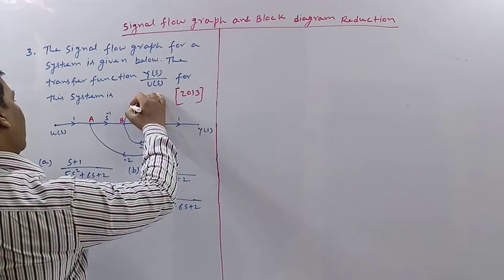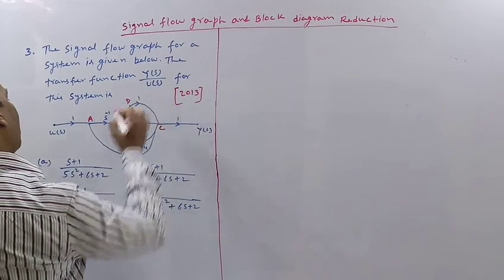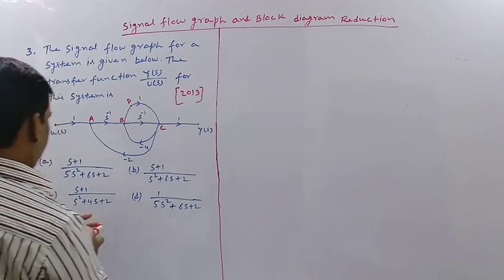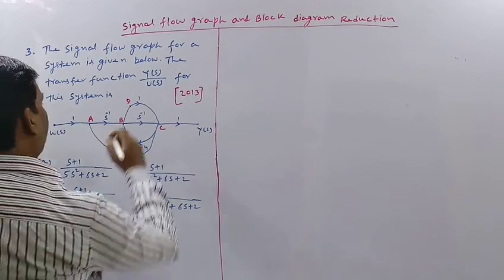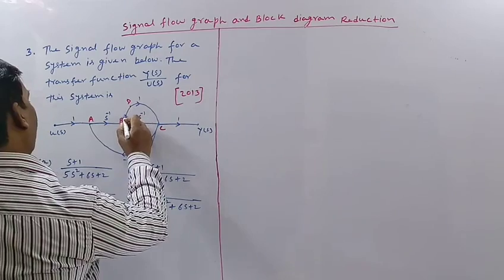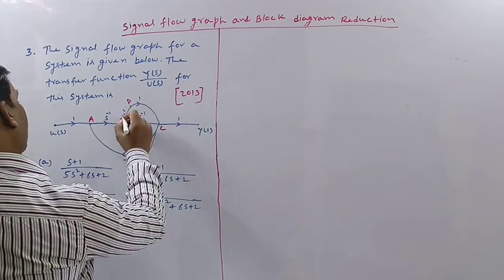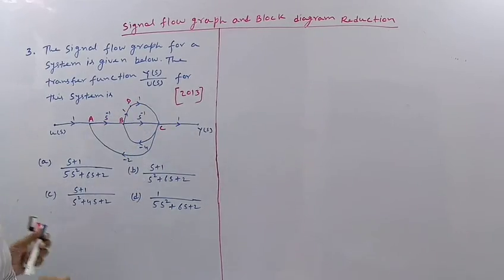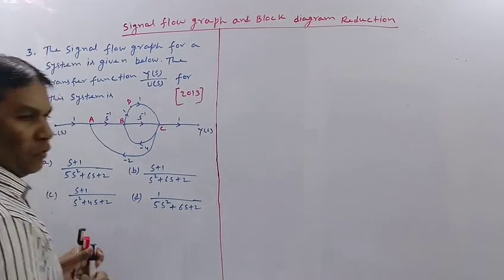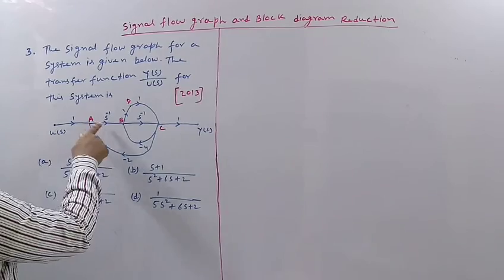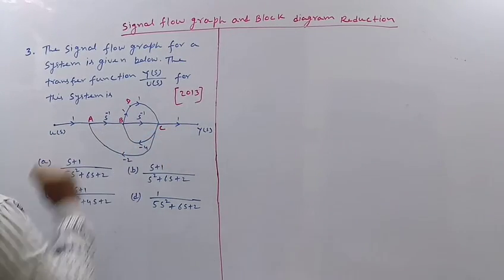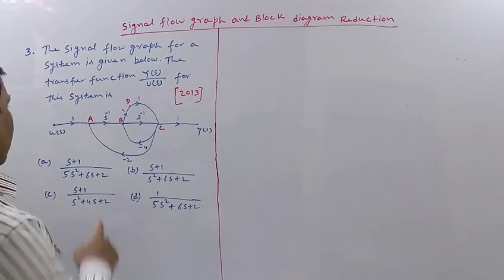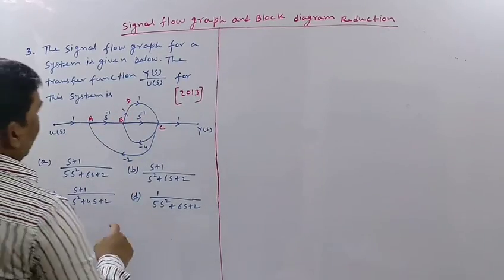Let me give a name D also, and the path gain here will be 1, because 1 multiplied by 1 will again be 1. So the second forward path is U, A, B, D, C, Y.